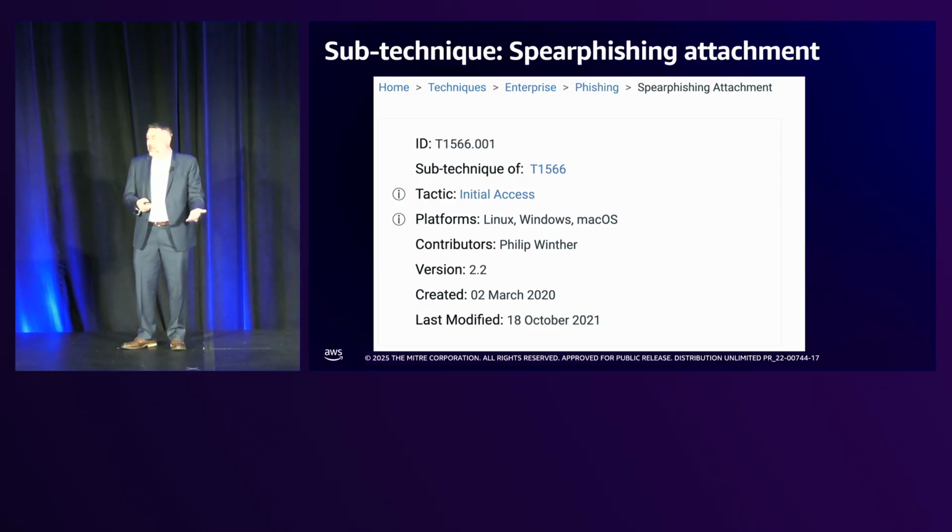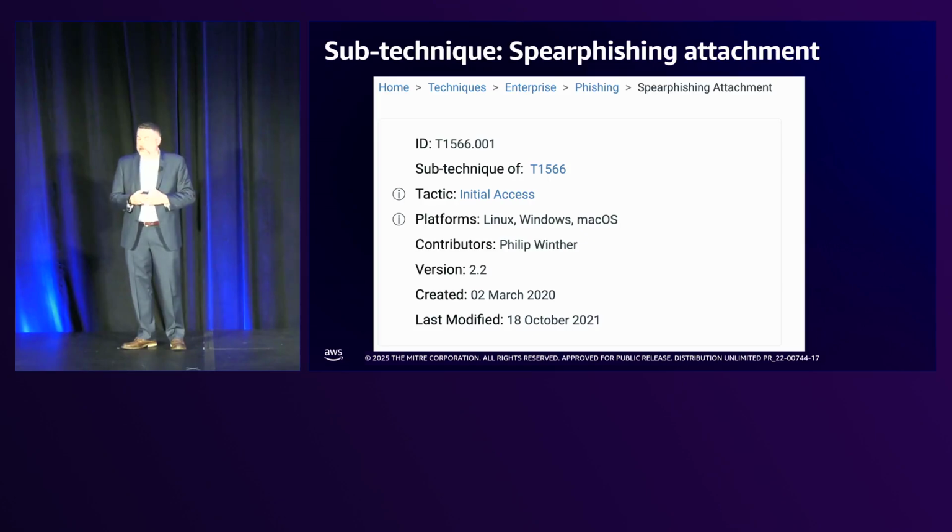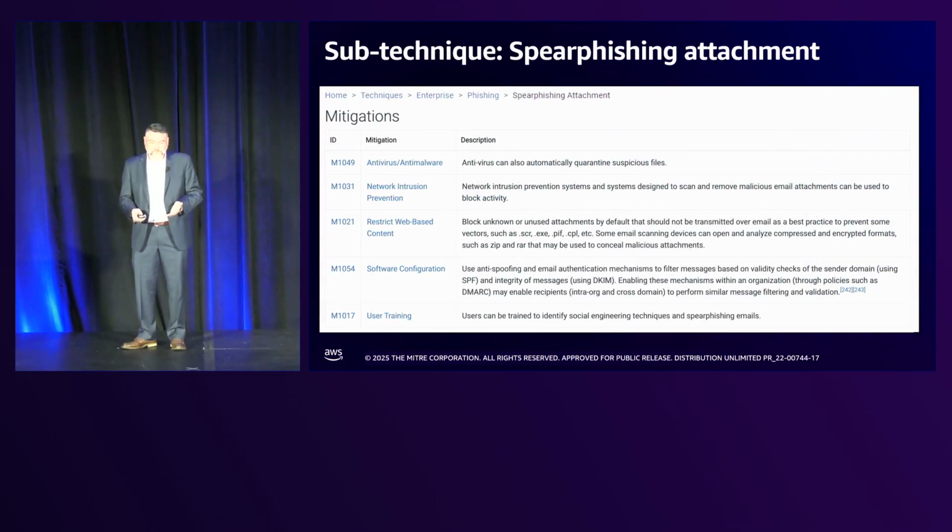And then initial access is the tactic level. And then you'll see the platforms where these techniques or sub-techniques are performed, Linux, Windows, macOS. And then, as I said, it's community-driven, so there's a contributor here.